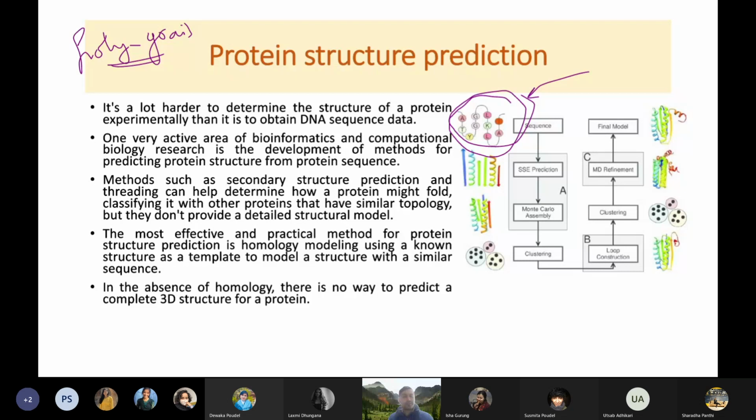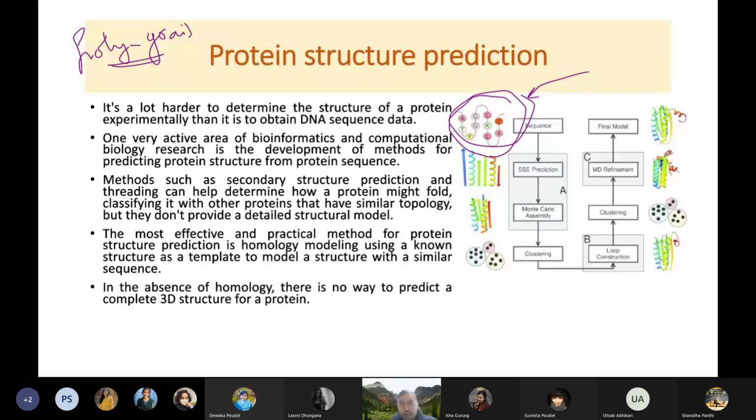Maybe sometimes there are chaperone protein molecules that aid the protein to fold in the correct way. But there are many proteins that will fold automatically in that medium, in that solution.